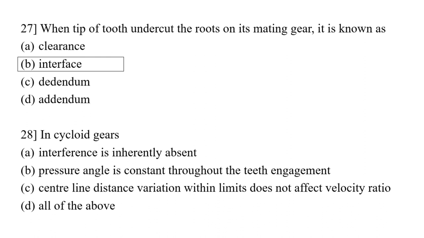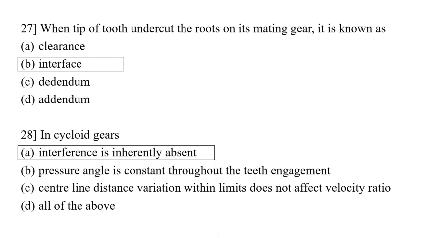Next, in cycloidal gear, options are there: interference is inherently absent, pressure angle is constant throughout the teeth engagement. We have seen this for involute, that means it is wrong, option B. Next, center line distance varies within the limit, does not affect velocity ratio, or all of the above.